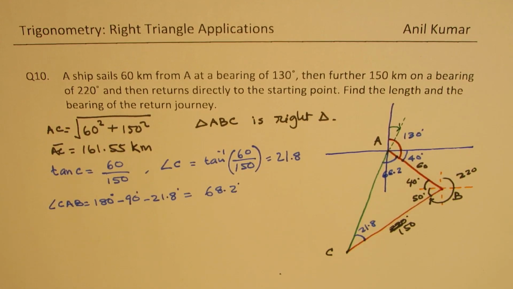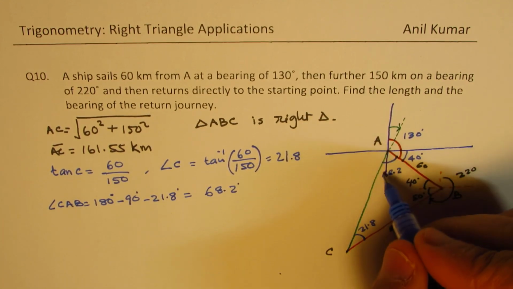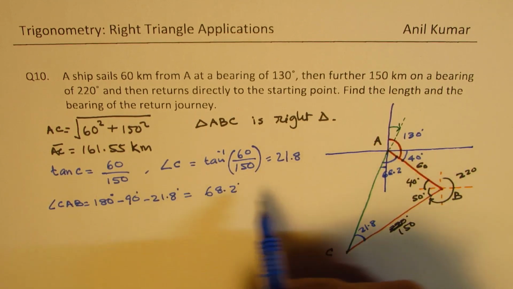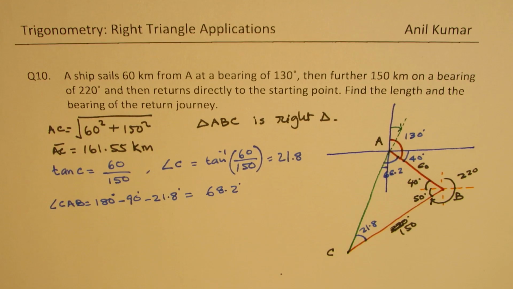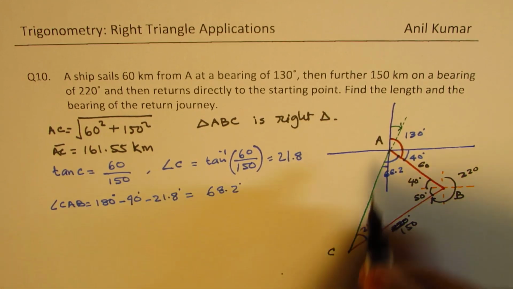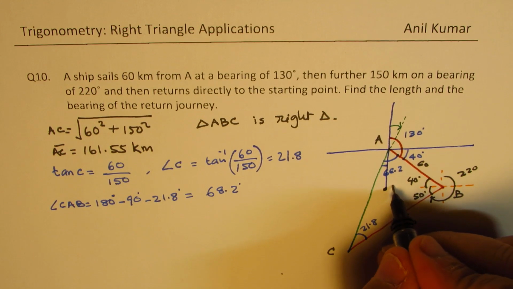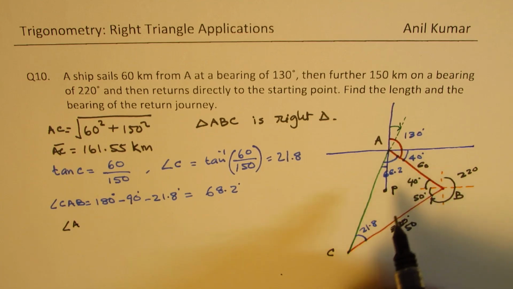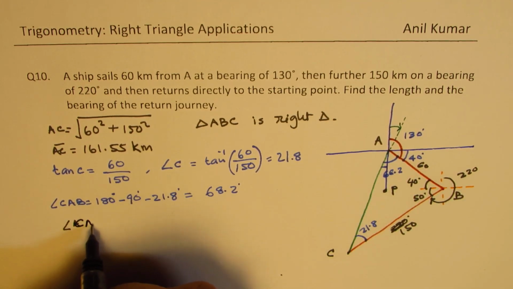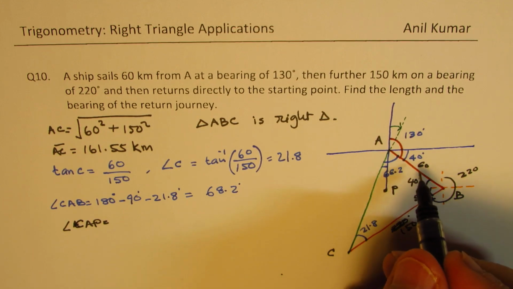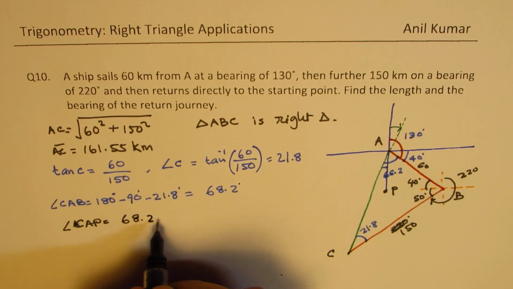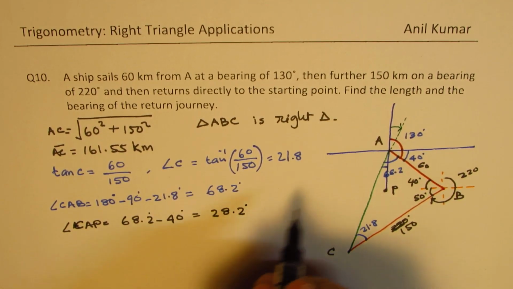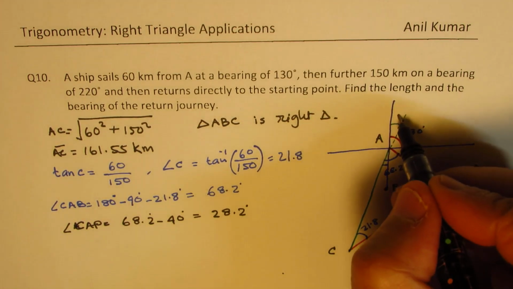Now the smaller angle here should be how much? 68.2 minus 40, right? Let's take this point as P. So the angle CAP will be equal to 68.2 minus 40 degrees. So we get 28.2 degrees, correct? That is the vertically opposite angle right there.